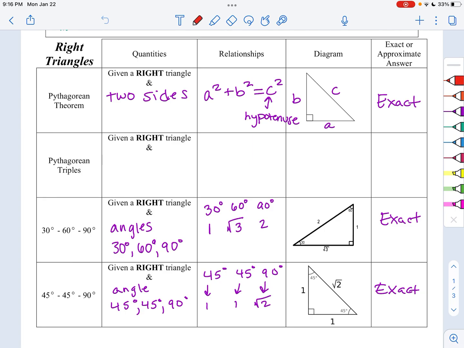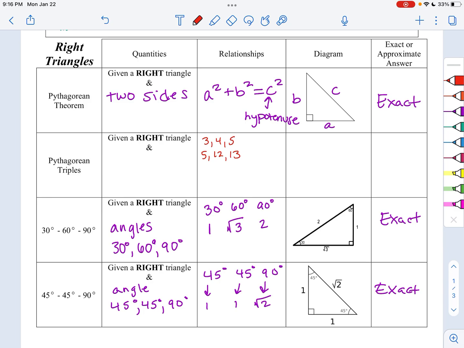Now, triples are basically a set of 3 numbers that we know work in the Pythagorean theorem. There are many sets. We're only going to be responsible for a handful. We're going to need to know 3, 4, 5. That's a Pythagorean triple. 5, 12, 13.